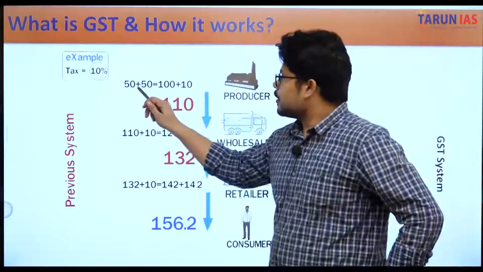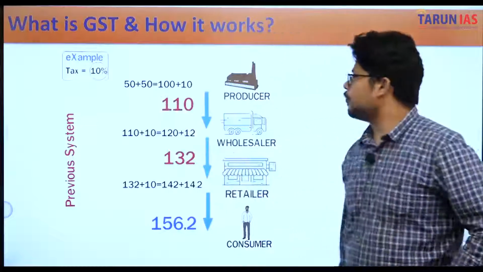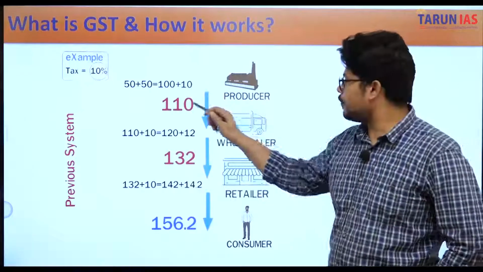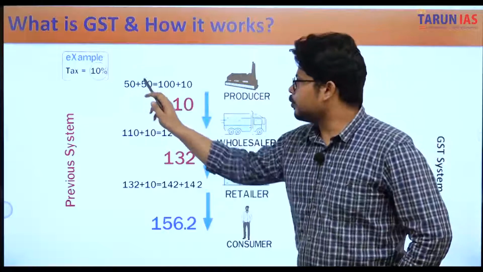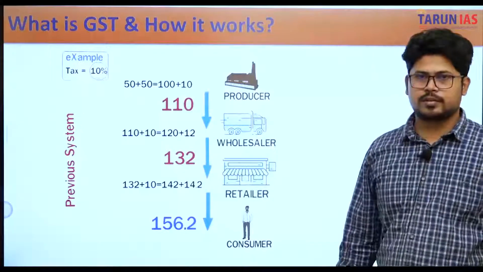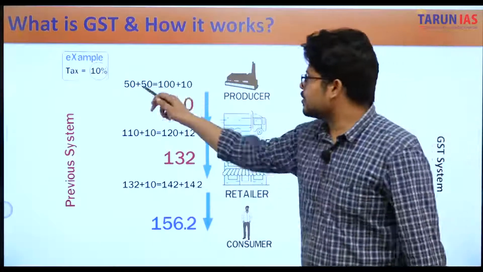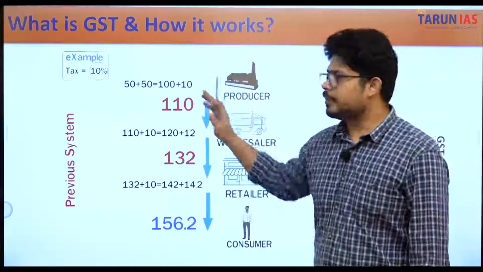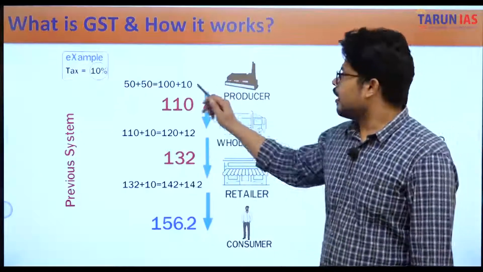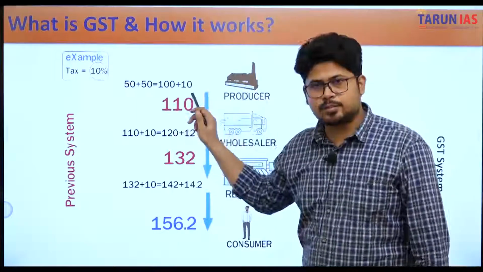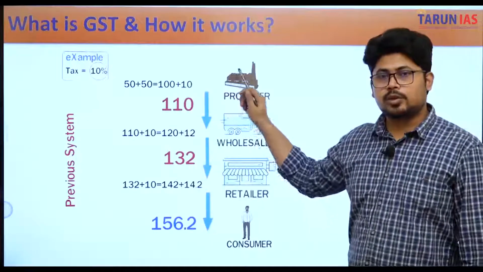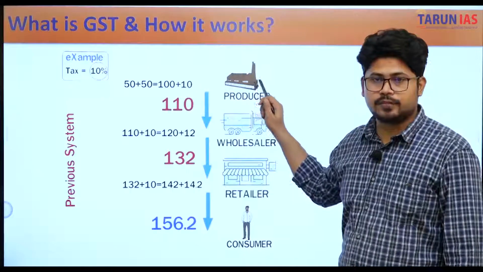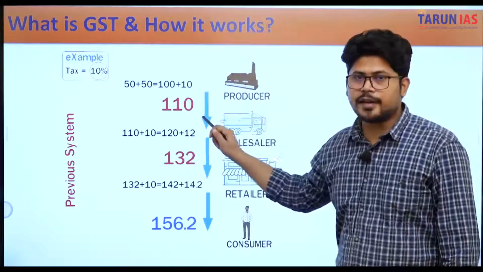So if you consider 50 rupees was the manufacturing cost of the producer, and 50 rupees is the profit of the producer. So it becomes 100 rupees, and then the government will impose 10% tax on 100 rupees, okay. So the cost of the product that leaves the factory gate becomes 110 rupees.